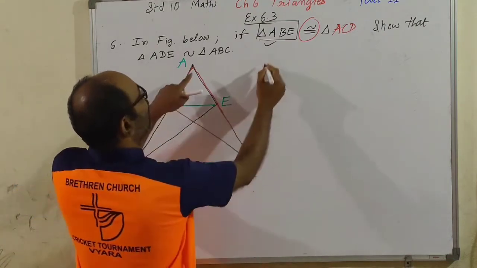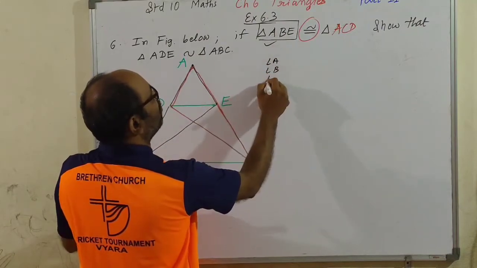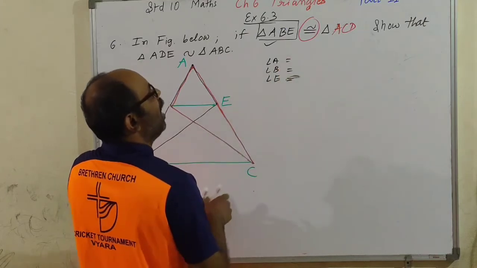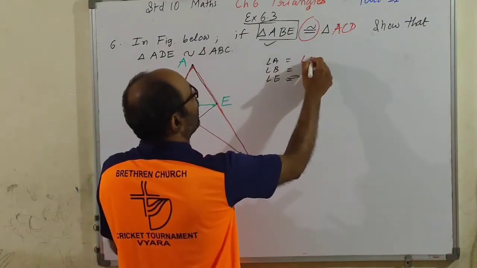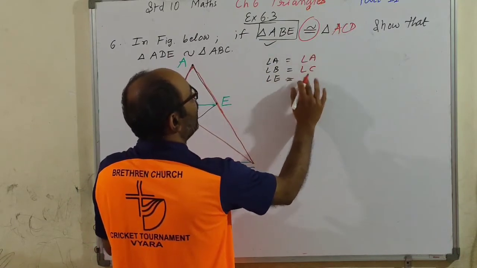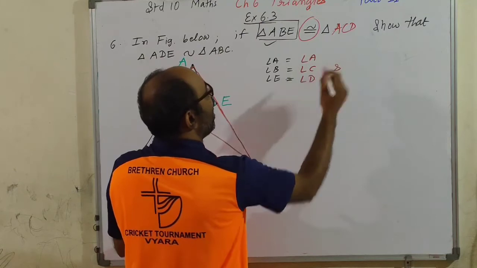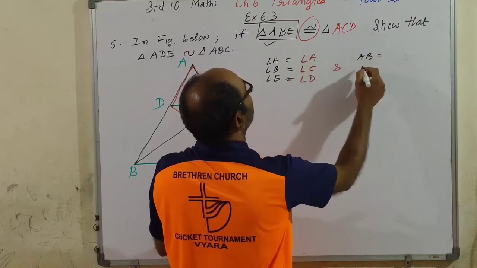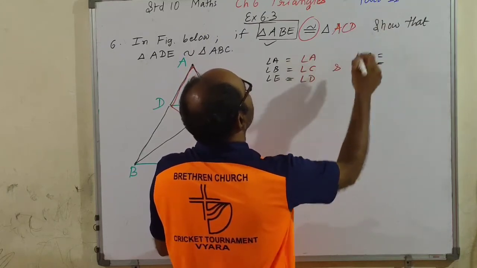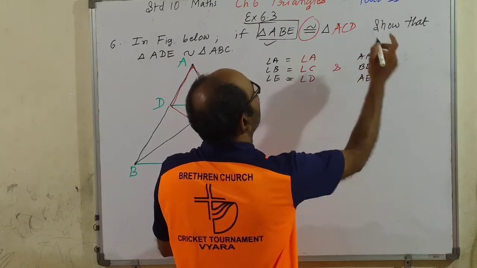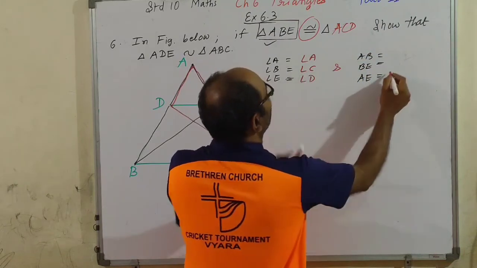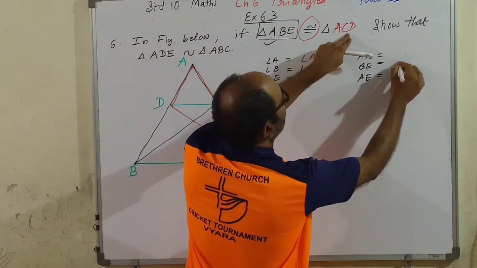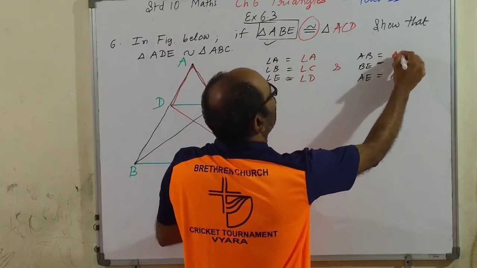Black angle A, black angle B, black angle E is equal to, you can put congruent or equal to, from there corresponding angle A to angle A, angle B equal to angle C, and angle E equal to angle D. And more, AB is equal to AC, BE is equal to CD, and AE is equal to AD.